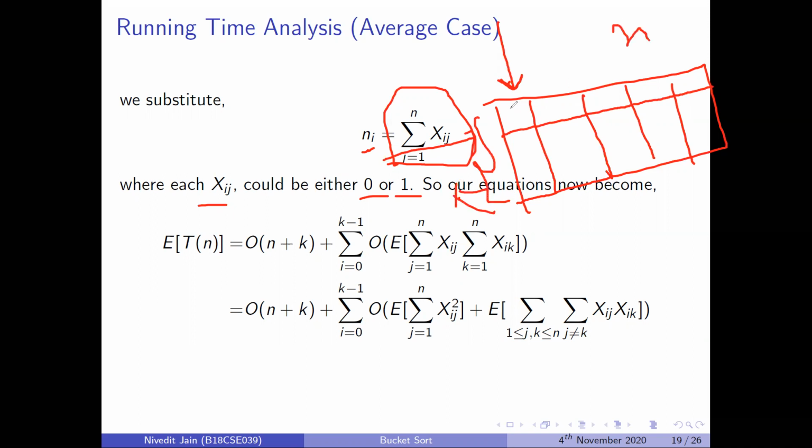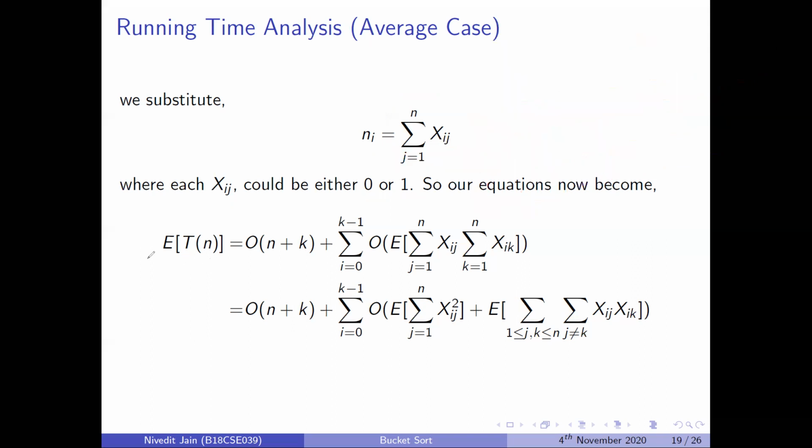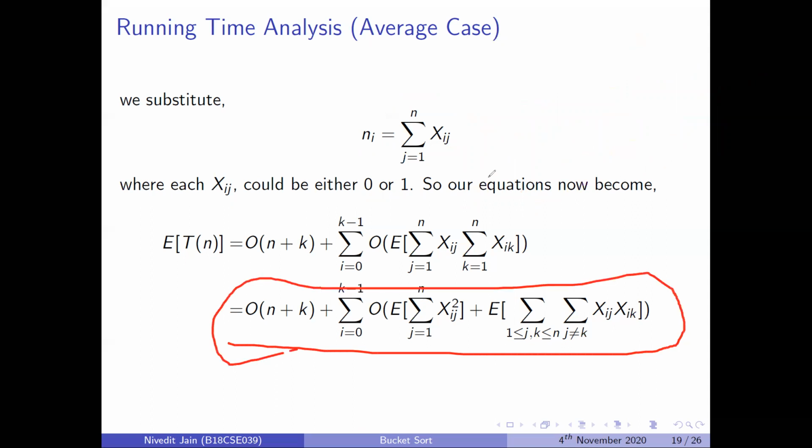Now each number has a chance to go to any of these k bins. So say number 1 goes here, to bin 2. Anyway, this summation would give you n_i. So this is what we have written here. And when you solve this again using linearity of expectation, you get this result.